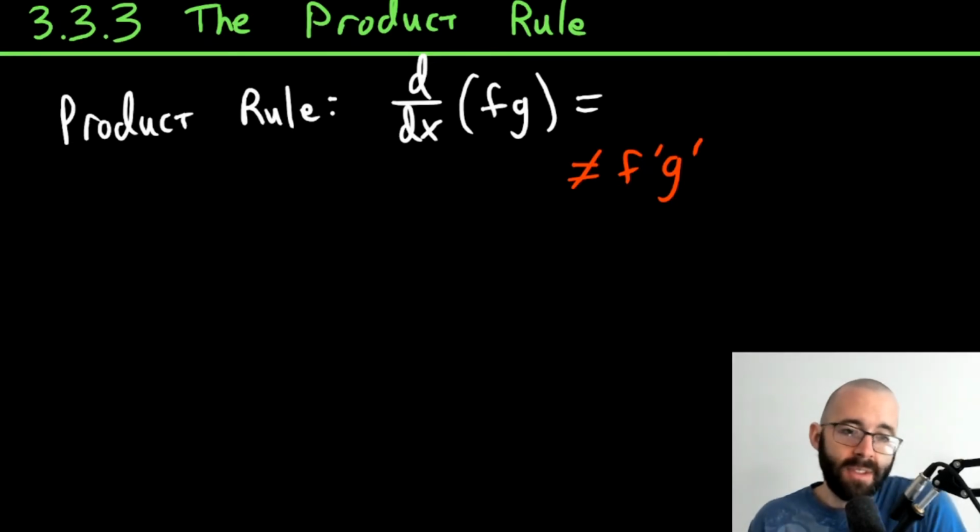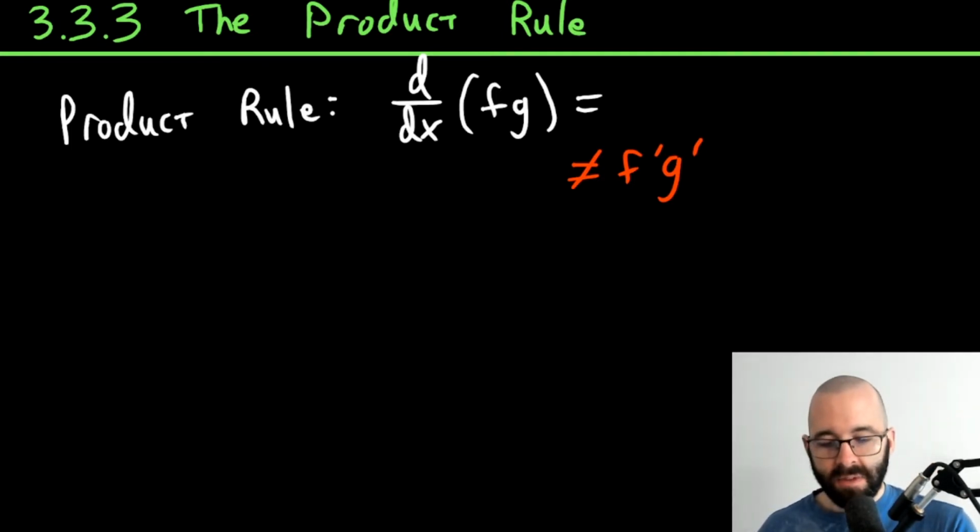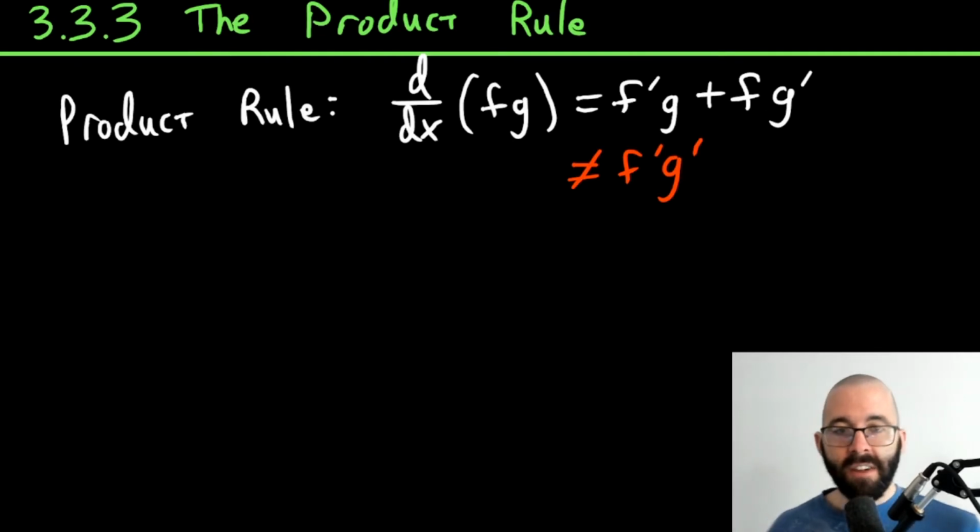There's a couple examples that we could go through to show why this doesn't work, or you could check it yourself with some actual functions. What it actually equals is the derivative of the first function times the original second function plus the original first function times the derivative of the second function.